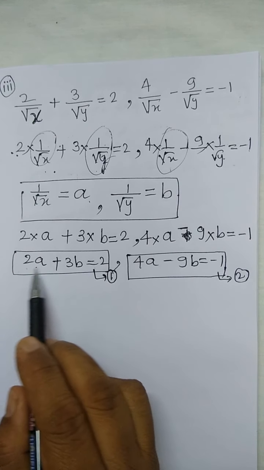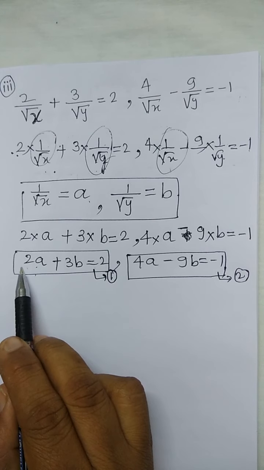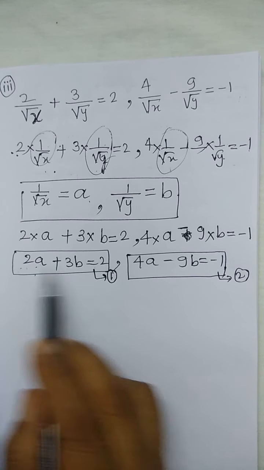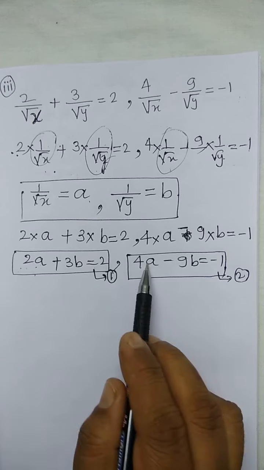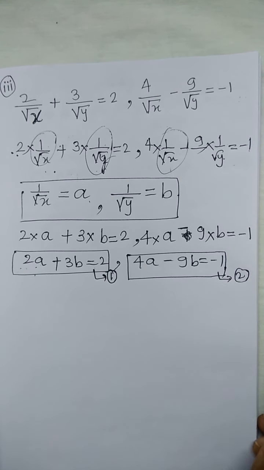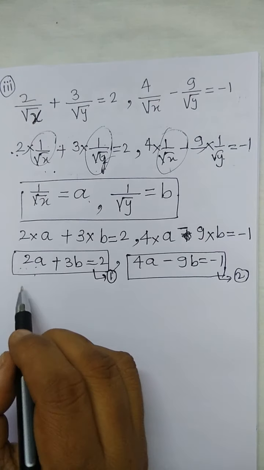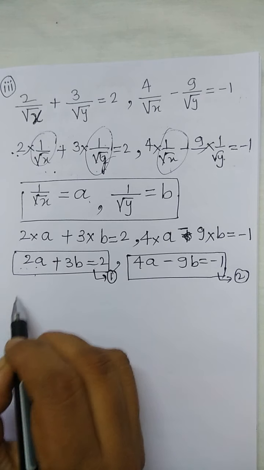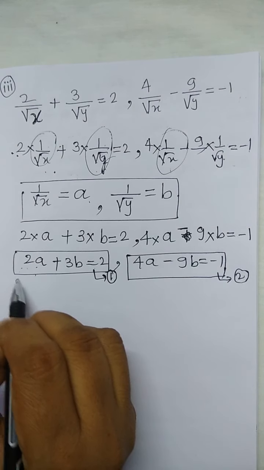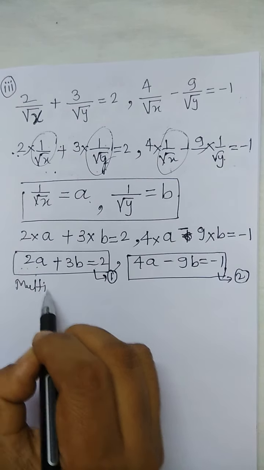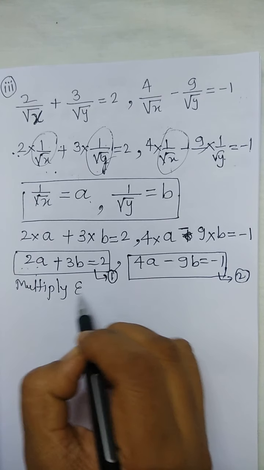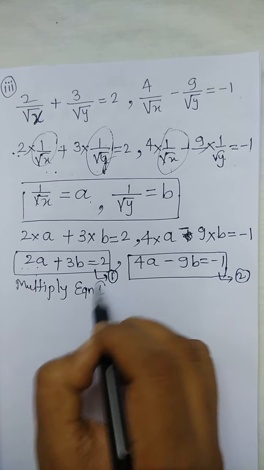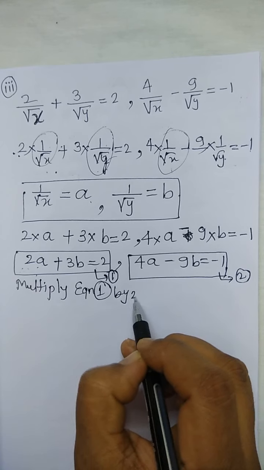I will multiply all the terms by 2. Then the A coefficients will be the same. These two will be equal terms. Then we can subtract them. So let us multiply equation 1 by 2.